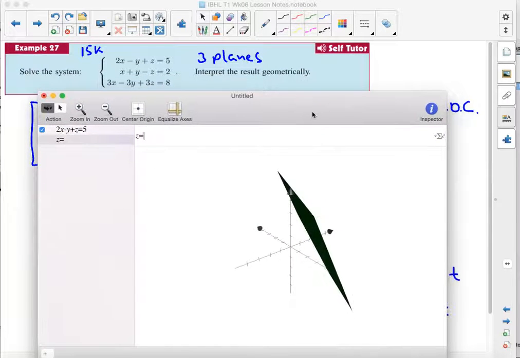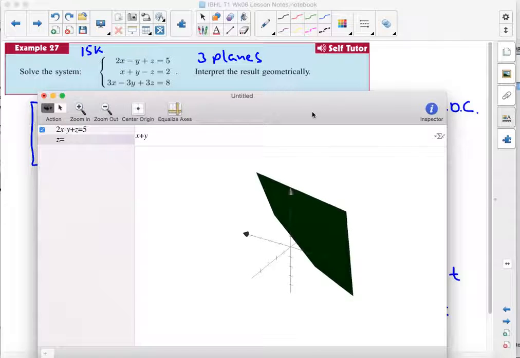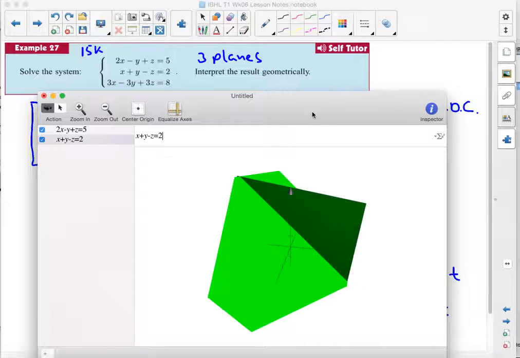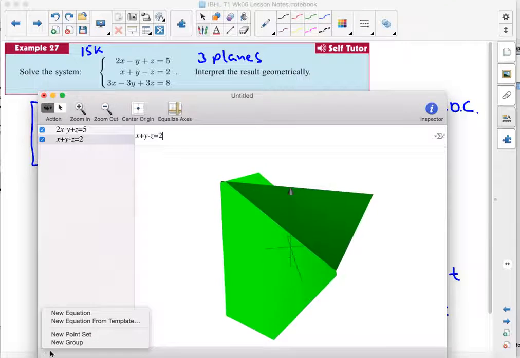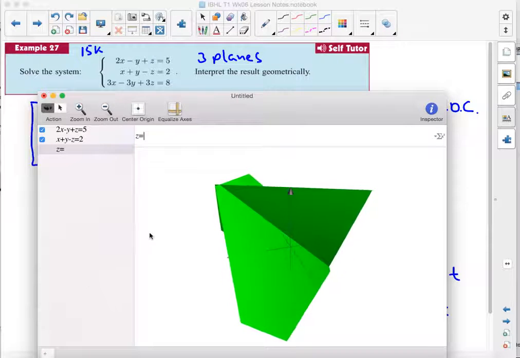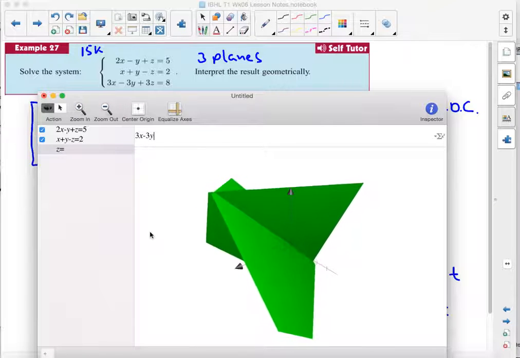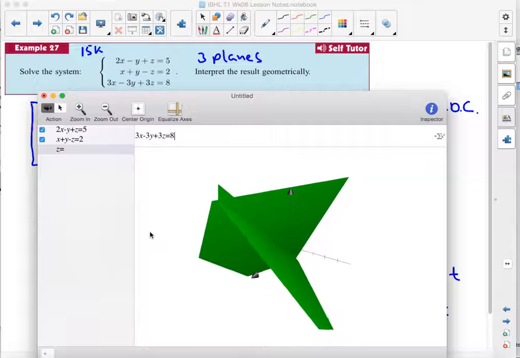The next one is x plus y take away z equals 2. So there's another plane there. And the third plane is going to be 3x take 3y plus 3z equals 8.